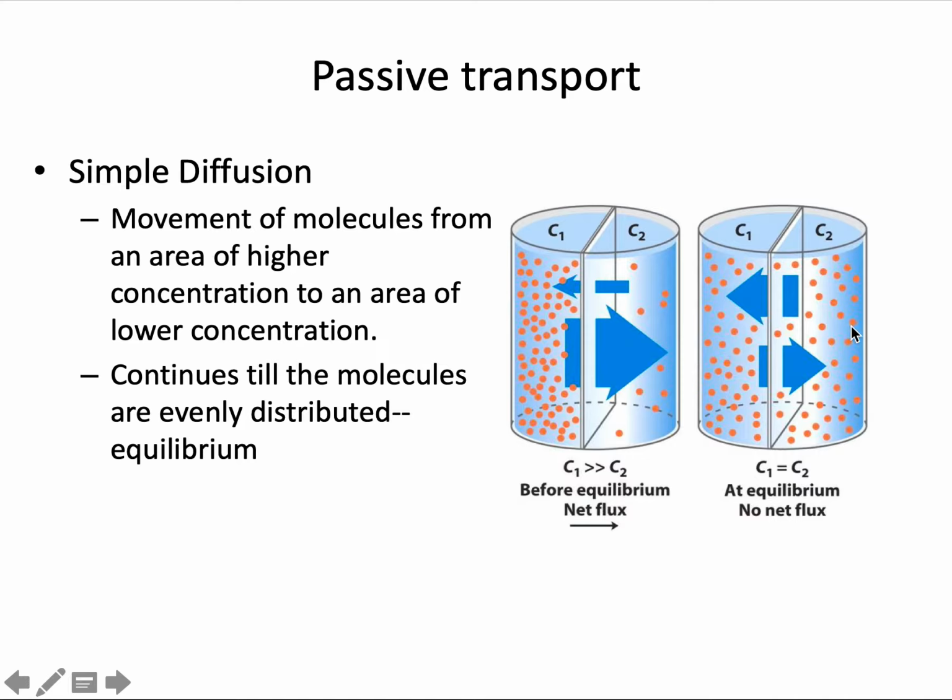Now, when an equilibrium is established, it doesn't necessarily mean there is no movement across the membrane. However, the movement across the membrane is such that at the end, the net flow is not in either direction. There is a net flow of 0 across the membrane because they cancel out each other. And simple diffusion will happen until there is equilibrium.